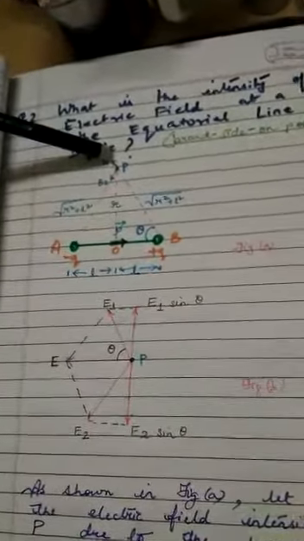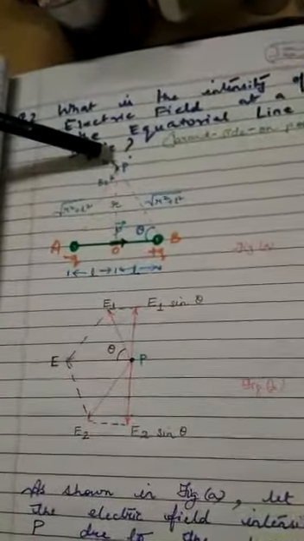We see that E is equal to E1 cos theta plus E2 cos theta, since E1 sin theta and E2 sin theta cancel each other. So it's very simple. You just substitute the values of E1 cos theta and E2 cos theta, or take common 1 by 4 pi epsilon naught q by r square plus L square. Cos theta plus cos theta is twice cos theta.